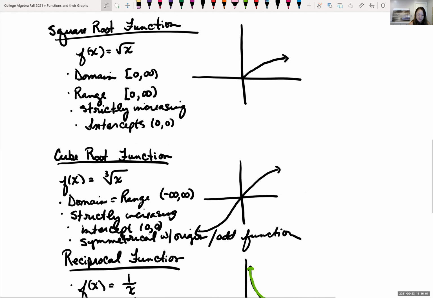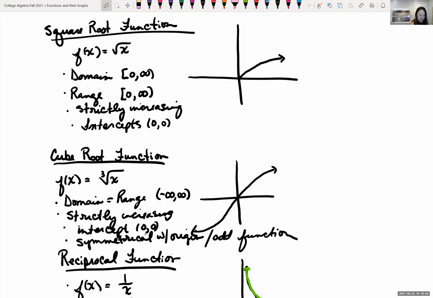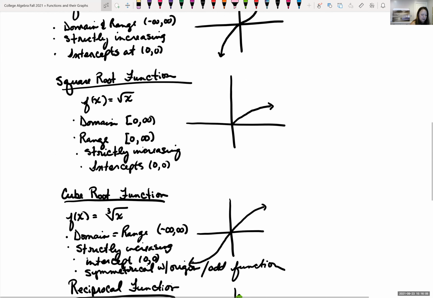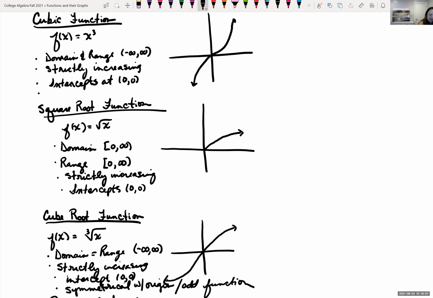Square root function, that doesn't have any symmetry. Go back to this cubic. So cubic, we also said, maybe I should just say it's odd, which means it's symmetrical with the origin, I guess.